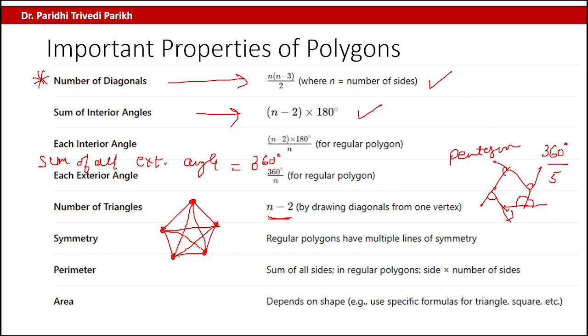Use specific formulas for triangles, squares, etc. So perimeter means, if I talk about a pentagon with sides A, A, A, A, A, then the sum of all sides will be the side A times the number of sides, which is 5. So it is going to be 5A, right? That's how it goes.